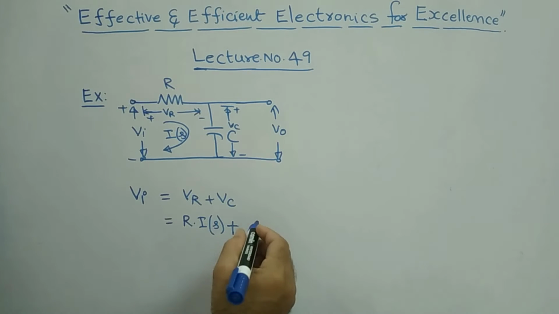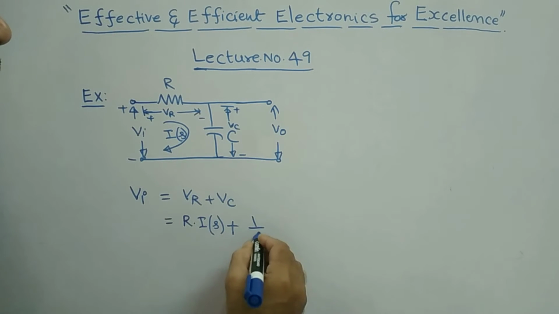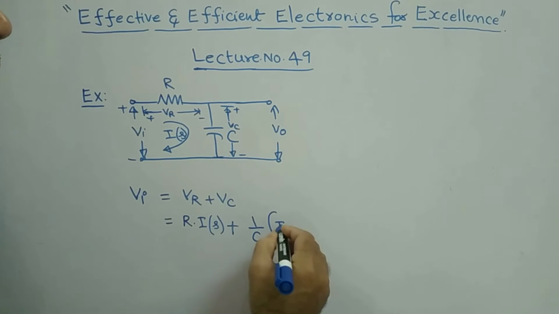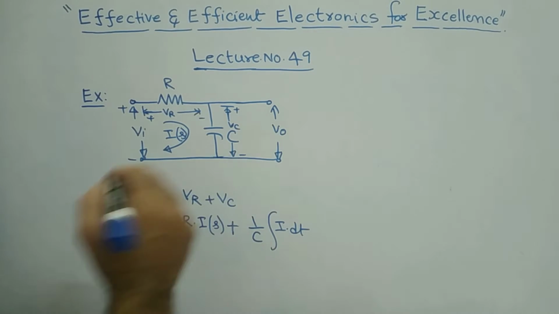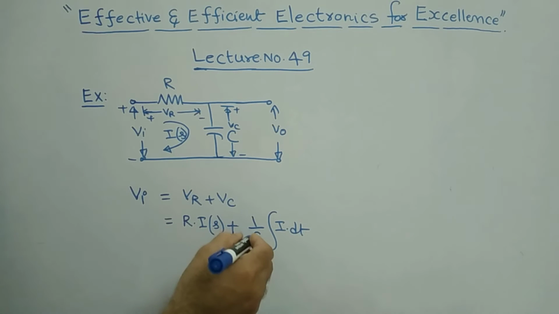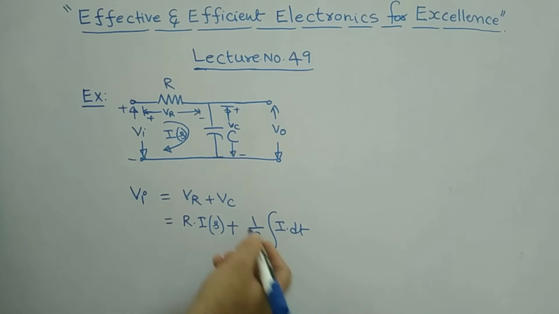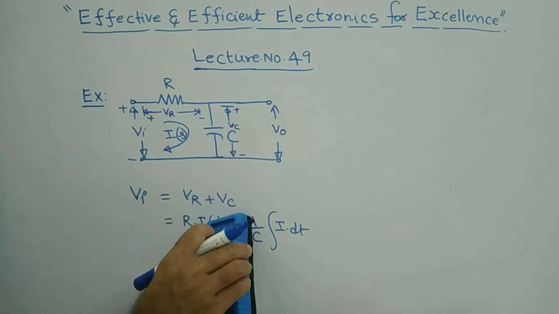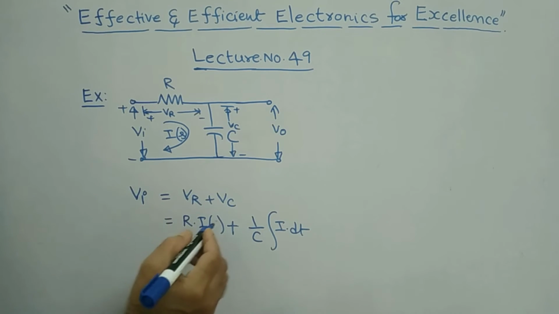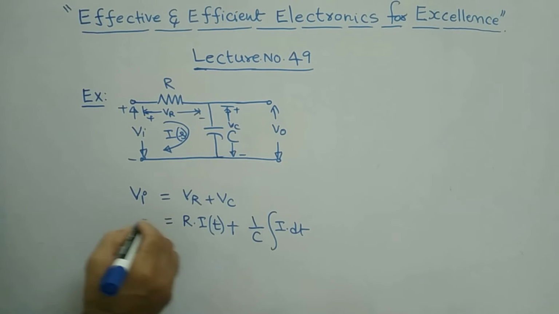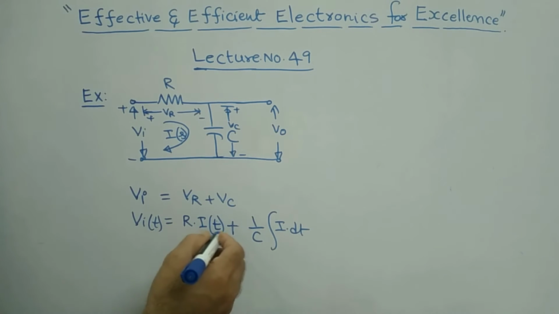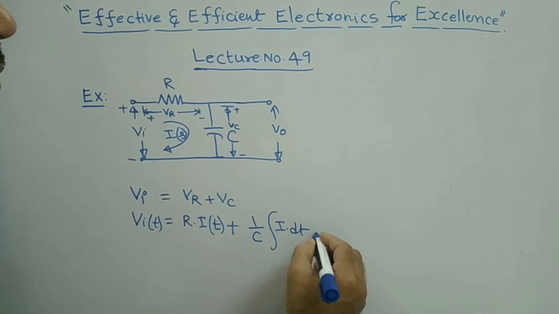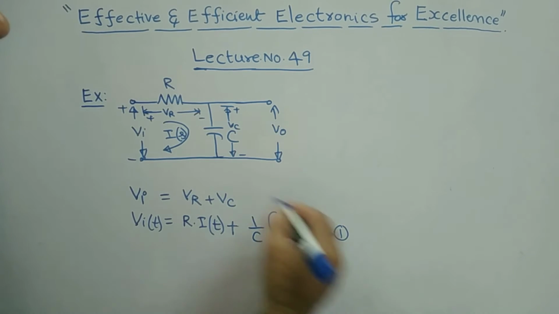This is the voltage across the capacitor. Since we are taking the time domain, we write I of t. So Vi of t is equal to R into I of t plus 1 by C integral of I of t dt. This expression is called equation 1.